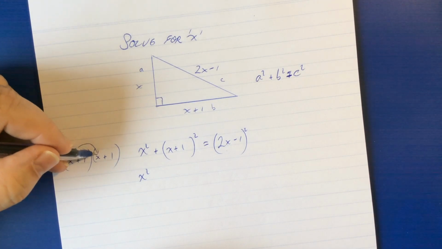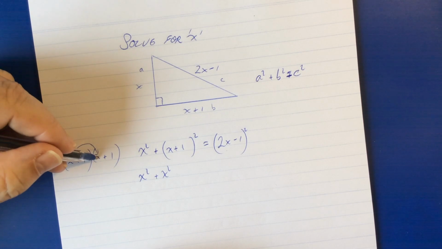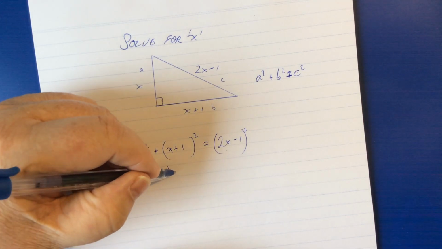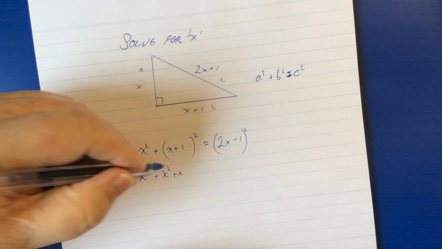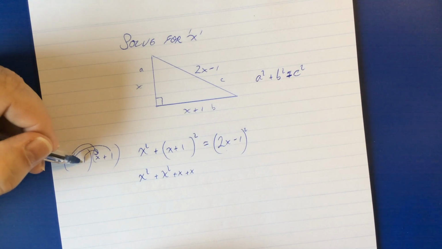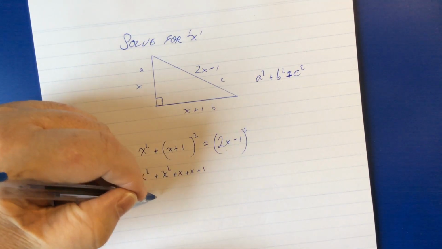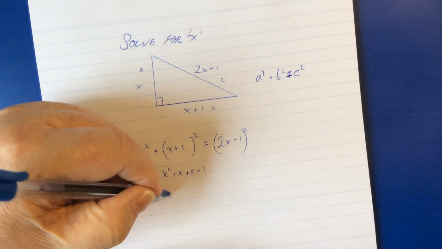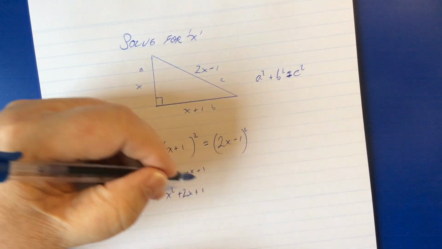So it is x times x, x squared. It is 1 times x plus x, 1 times x plus x, and 1 times 1, plus 1, which gives us x squared from the original here, plus x squared plus 2x, these two x's here, plus 1.